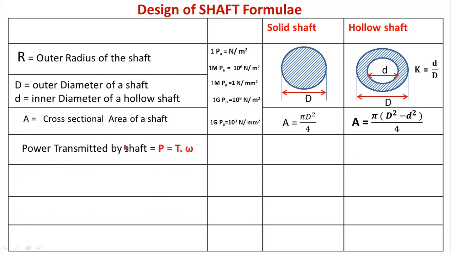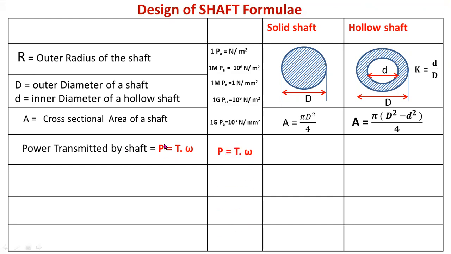Already we know that the power transmitted by the shaft, power P, equals the torque transmitted by the shaft into the angular velocity of the shaft. So power P equals T into omega. Here omega equals 2 pi n by 60.